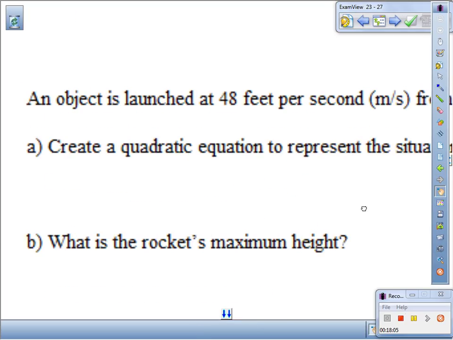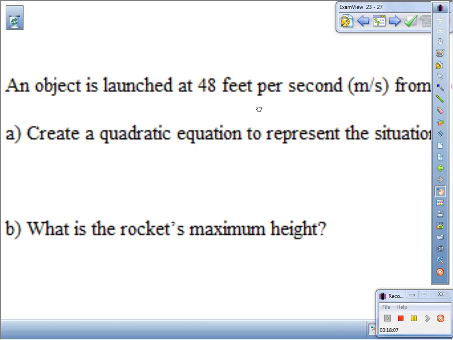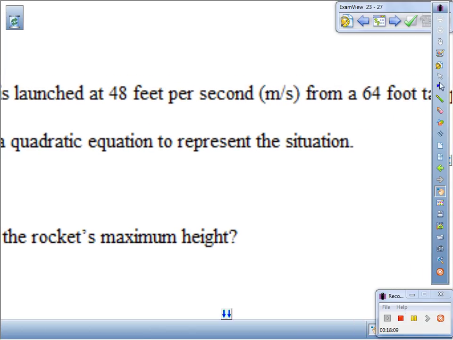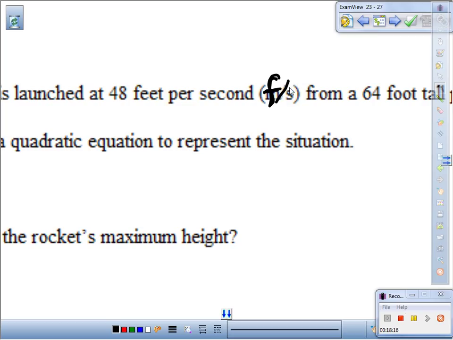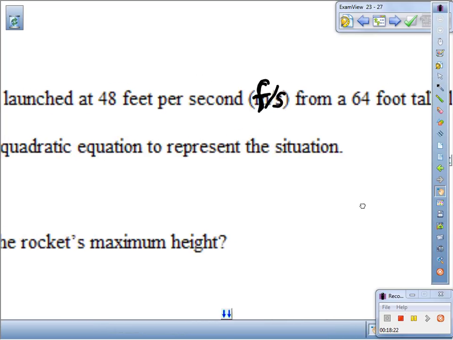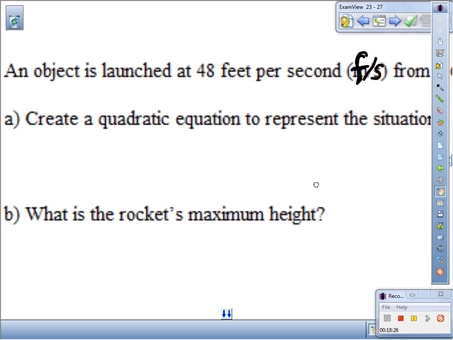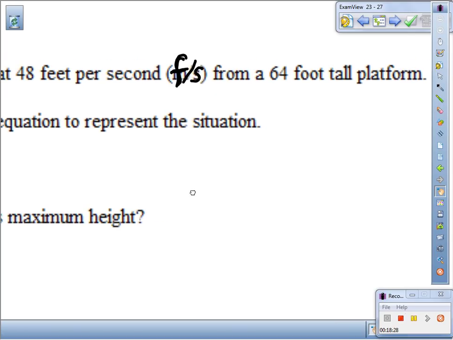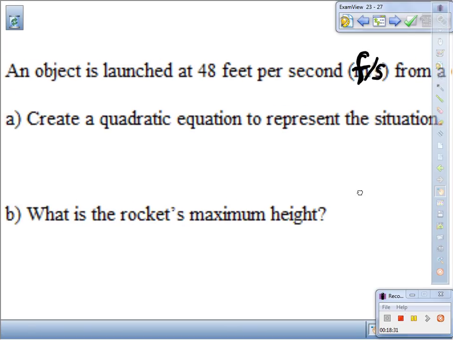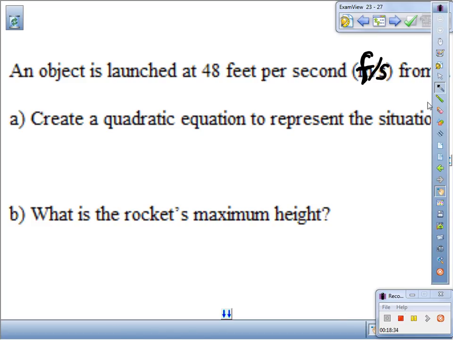Copy this one. An object is launched 48 feet per second. And there's a typo like I mentioned the other day. Instead of ms, it's feet per second. From a 64-foot tall platform. Part A says create a quadratic equation.